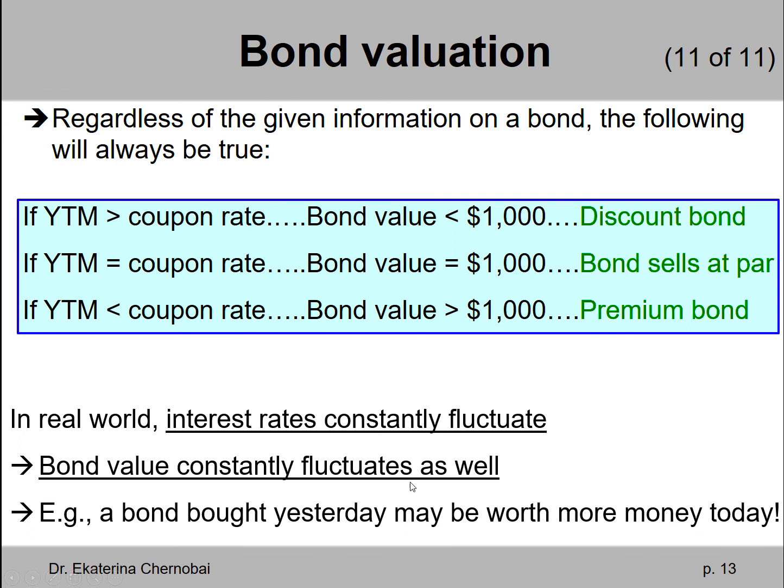So as an investor, because of these constant fluctuations in interest rates on bonds, you're facing this risk of your bond value going down unexpectedly. Technically in finance, we would use the word risk when the price unexpectedly goes up. So any sort of fluctuations are referred to as risk in finance.